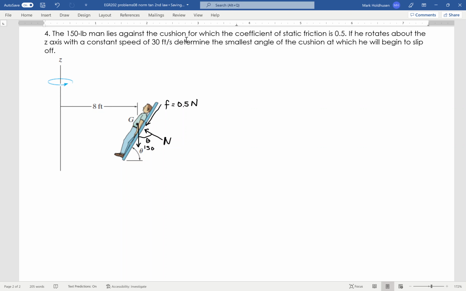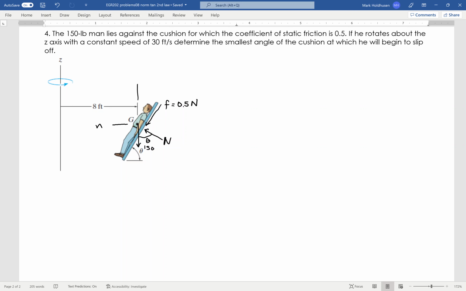Now, I need to recognize that my normal direction is actually a horizontal direction. This is going around a path, so it's not in the same direction as my normal force, right? We think about acceleration when we set up our axes. This guy's going to be going on a horizontal circle. So my acceleration is towards the center of that circle, which will be a horizontal axis towards the center, n, as shown there.